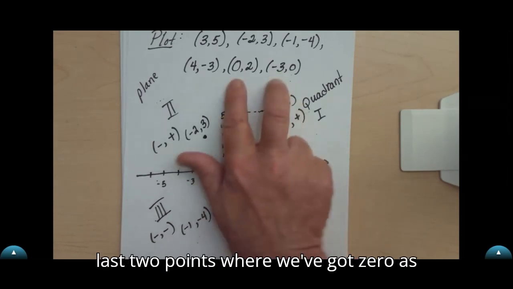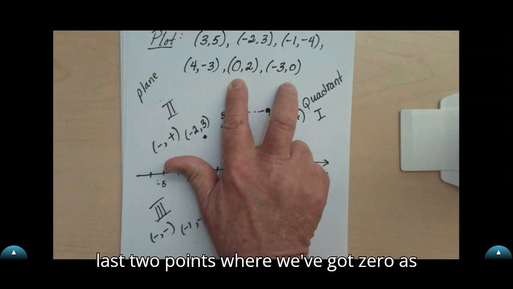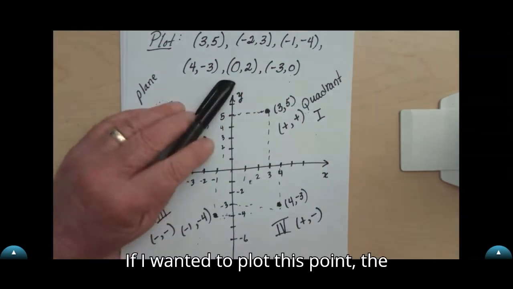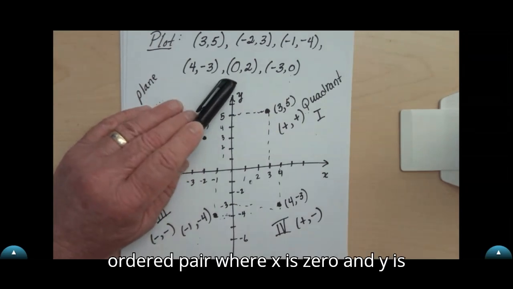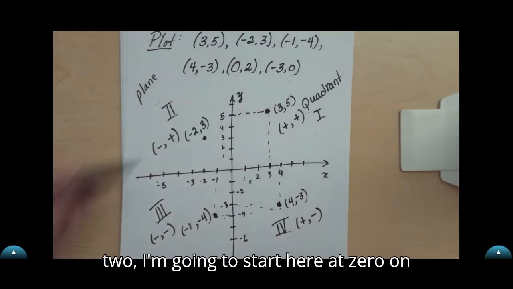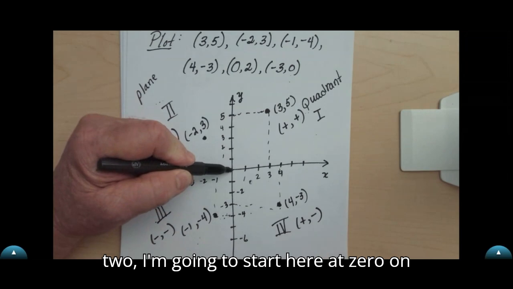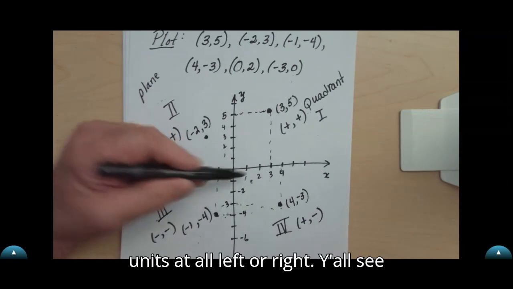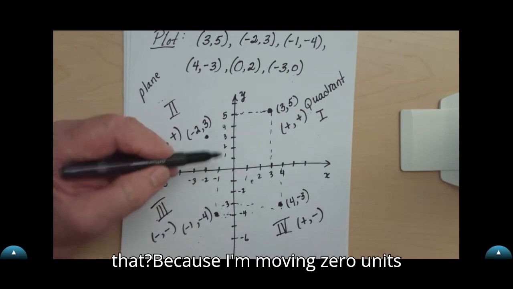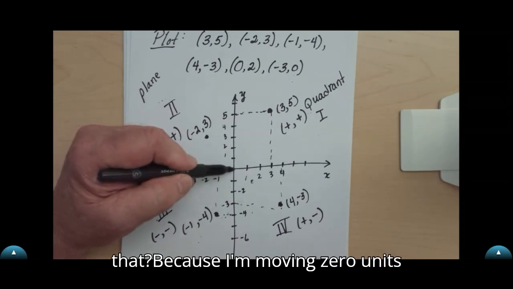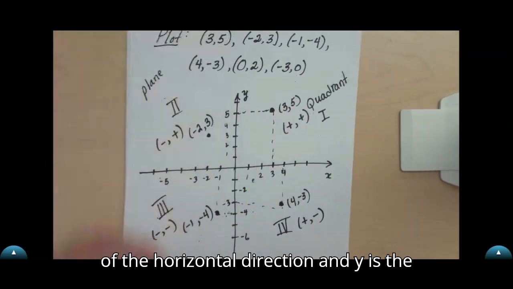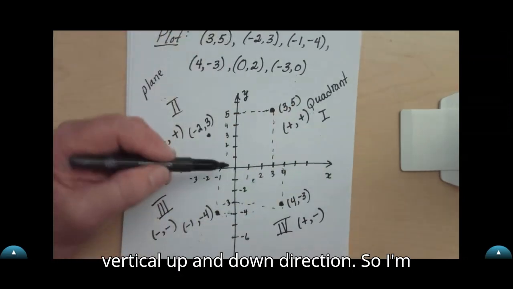Okay, so let's look at these last 2 points where we've got 0 as one of the coordinates. So if I wanted to plot this point, the ordered pair where x is 0 and y is 2, I'm going to start here at 0 on the x-axis, and I'm not going to go any units at all left or right. Y'all see that? Because you can always think of x as kind of the horizontal direction and y as the vertical up and down direction.